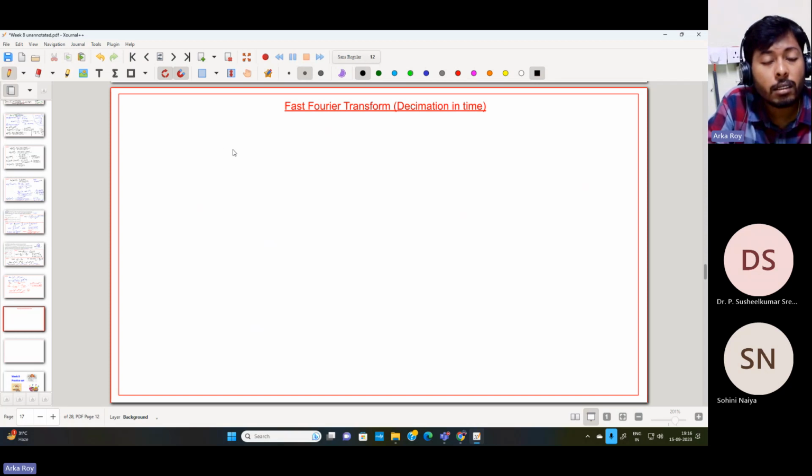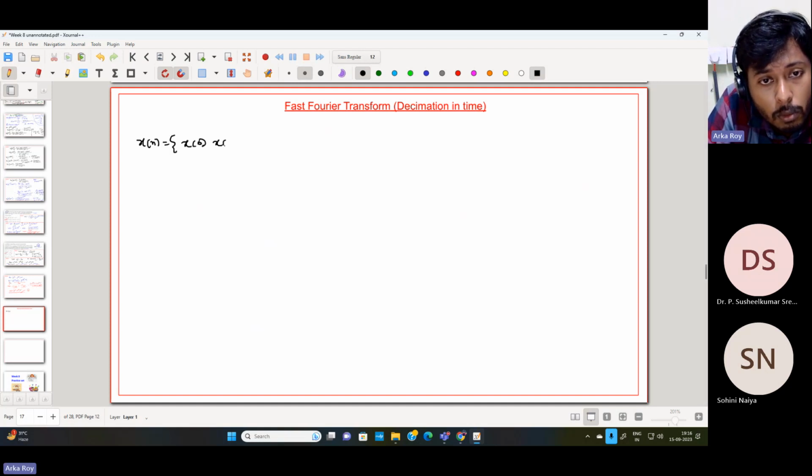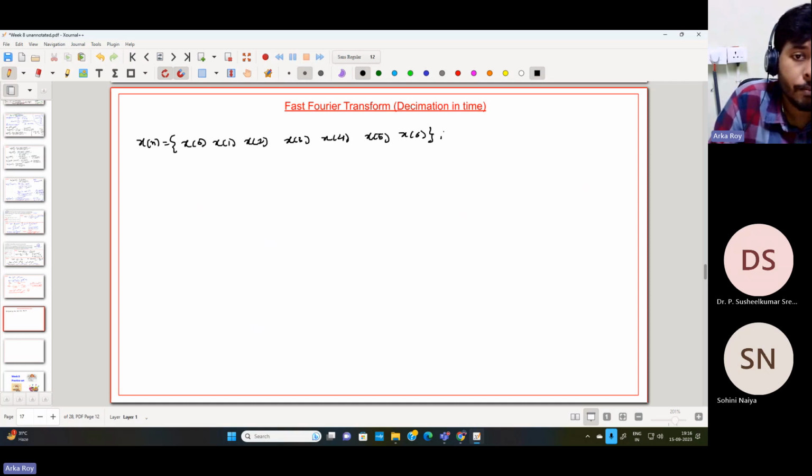So let me take a sequence. Let us take x[n] as a sequence which has x0, x1, x2, x3, x4, x5, x6 and so on. As this is decimation in time, we know what decimation is.